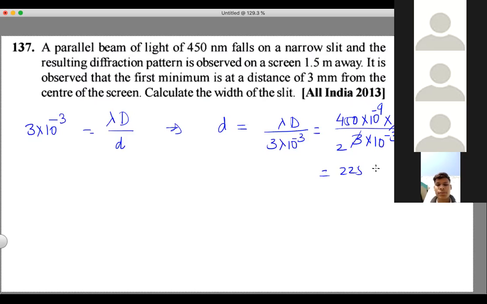So 225 into 10 raised to power minus 6. Okay, so that is the width of the slit. Direct application of the formula.